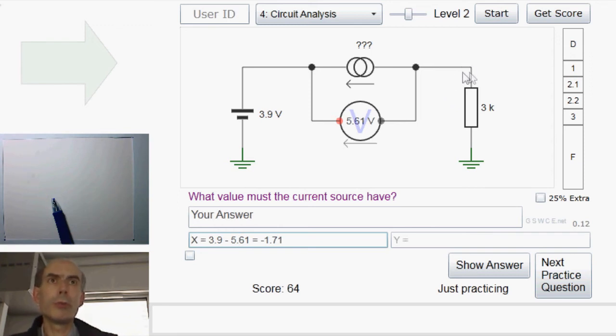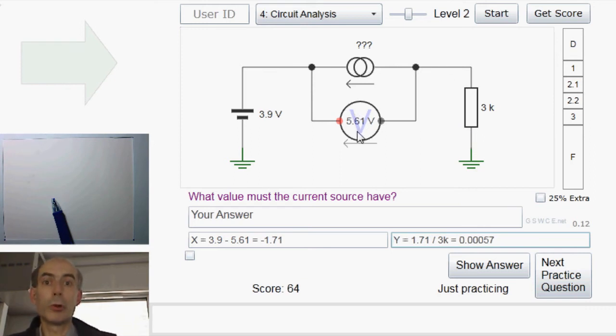If we know the voltage there, then we can work out the current through that resistor. And the current through the resistor would be flowing upwards in this direction, because this point here is at a lower potential than ground. The current through this resistor would be 1.71, the voltage across it, divided by 3K. And that's the current flowing up.